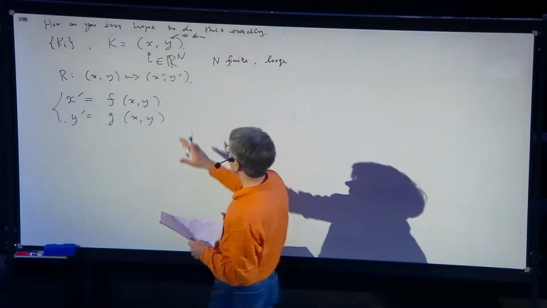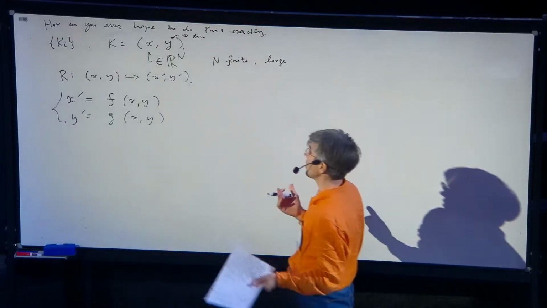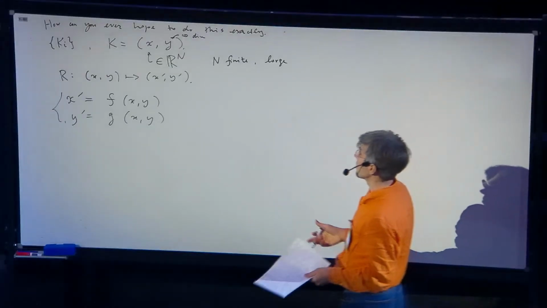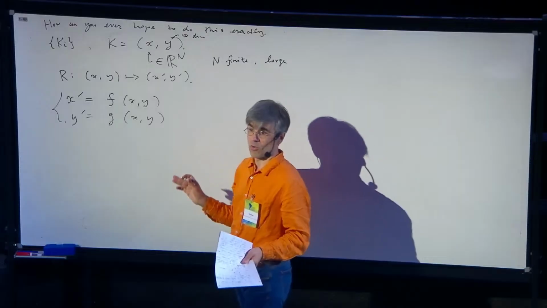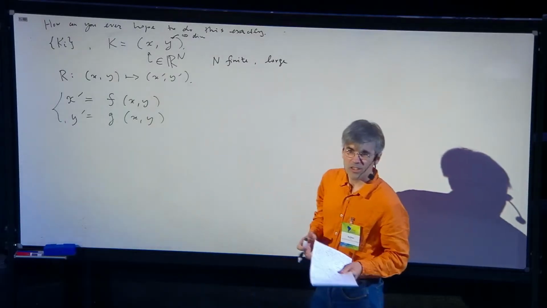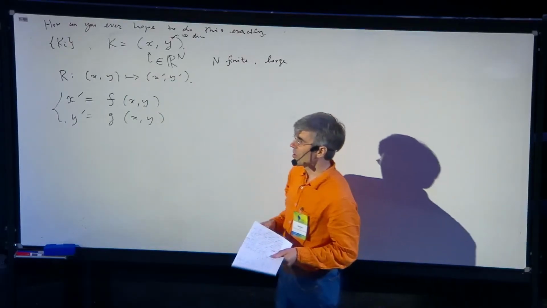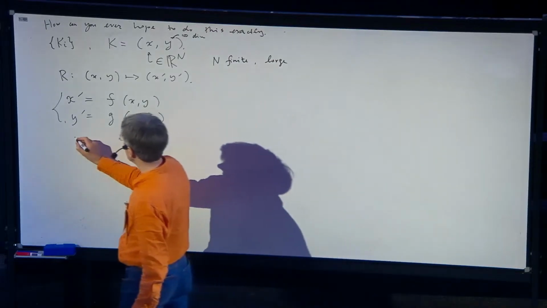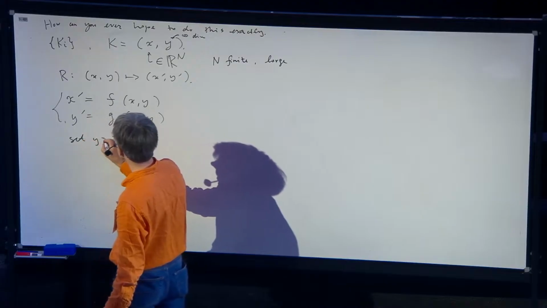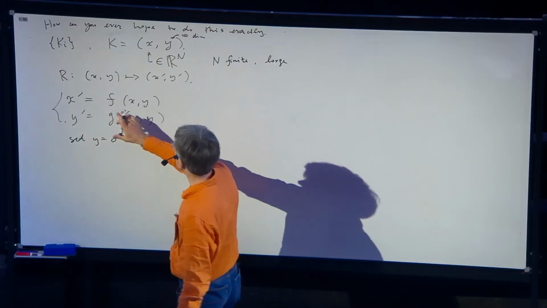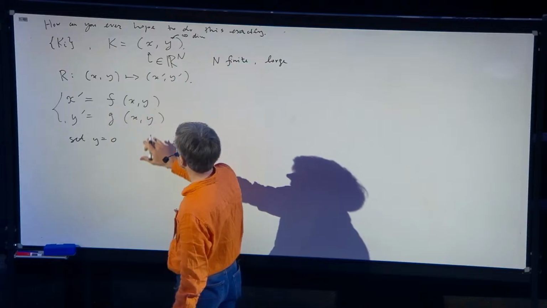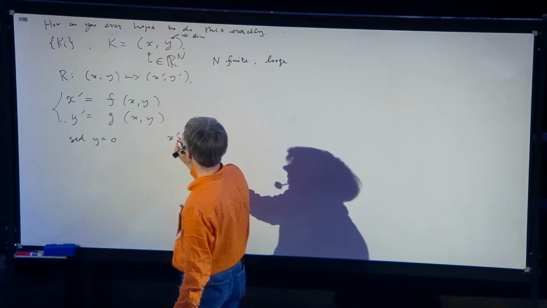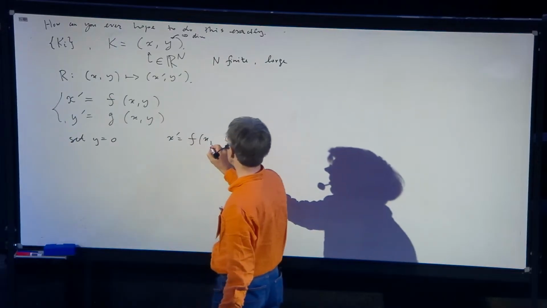If you have these functions, then the first thing any sensible person would want to do is say, well, let me just set y equal to 0, because I'm going to be optimistic. I'm going to assume that y is small and see what happens. Setting y to 0 means that, instead of the full function f of (x, y), you study x' equal to f(x, 0).